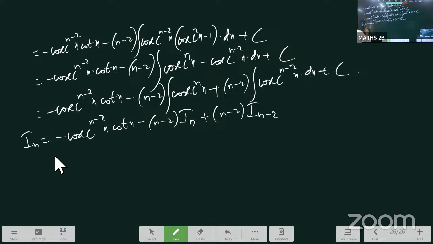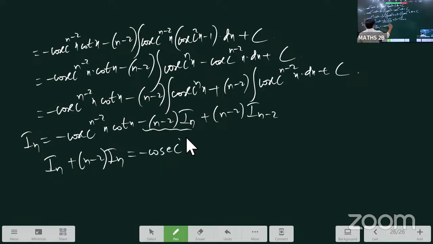Now In, this part you bring it inside, plus In is minus cosecant to the power n minus 2 x cot x plus n minus 2 I n minus 2.